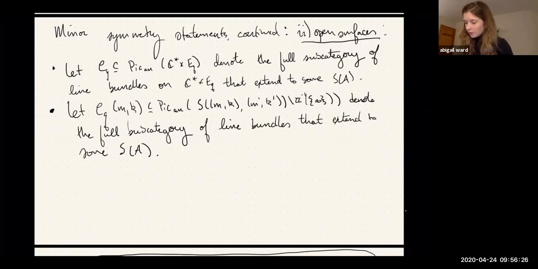And then similarly, the next one's written terribly. But basically, if you consider a partial compactification of your C star times E, maybe it's better to think of it as: take an SA, delete one of the two components of the anti-canonical, and you're left with some complex space.